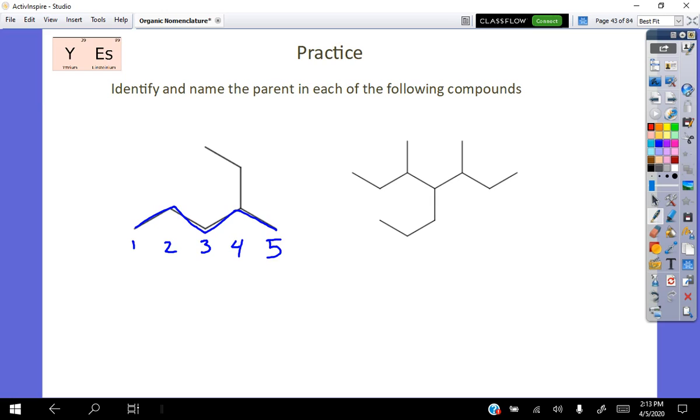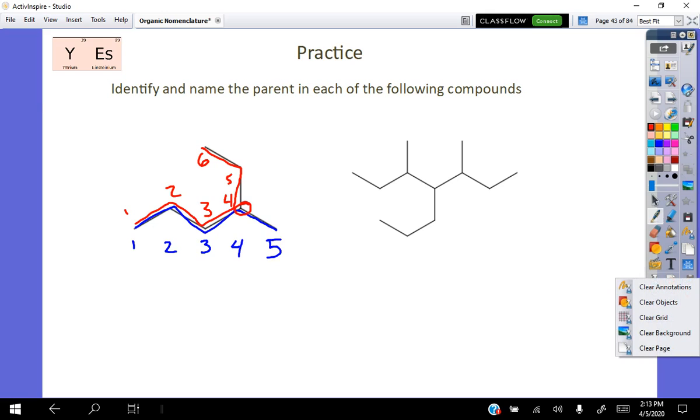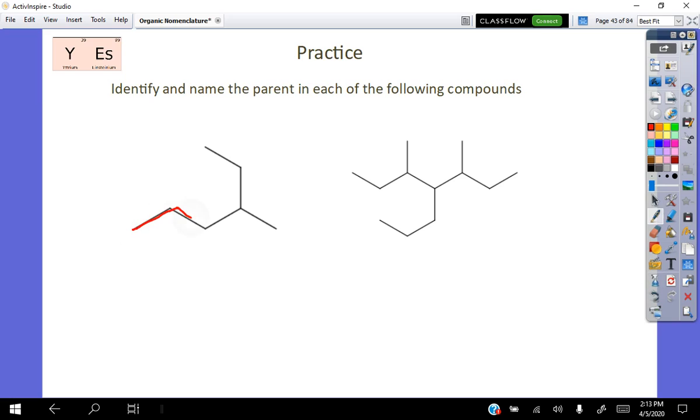What if at this point we decided to go upwards with our chain and we go 1, 2, 3, 4, 5, 6. By going upwards, we find that the longest chain is actually 6 carbons. So if we are choosing between the two, the longest parent chain is this one. And on this parent chain, we only have one branch.